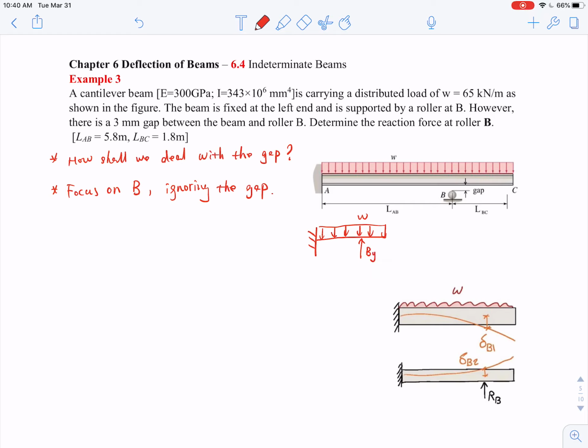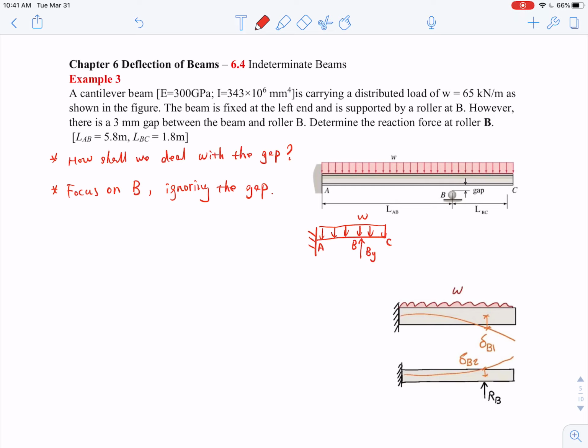Okay, this can be simplified into this case if we ignore the gap. Okay, this is the point A, point B, and the point C. Okay, we have done with the first step according to the general algorithm.